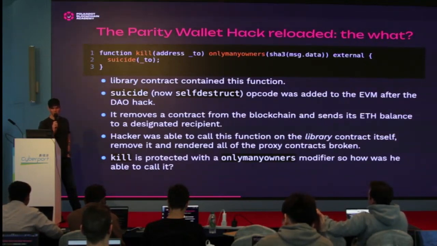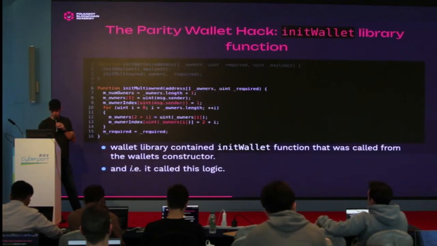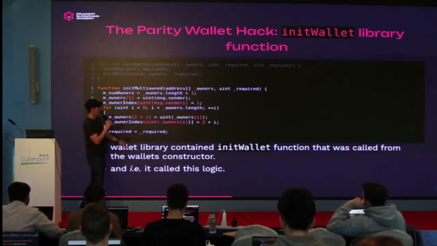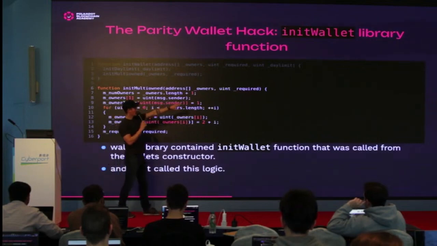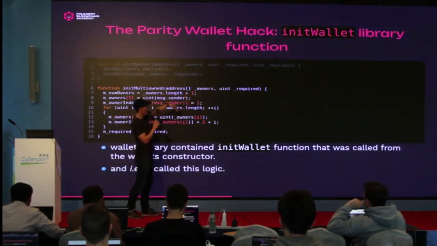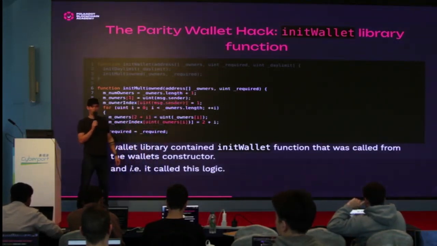They would check whether this call is signed by the owners. It's still the same code, right? You had a threshold of signatures and the owners. So it would check if there were 10 owners and you required 9 signatures, whether this call was signed by 9 out of 10.